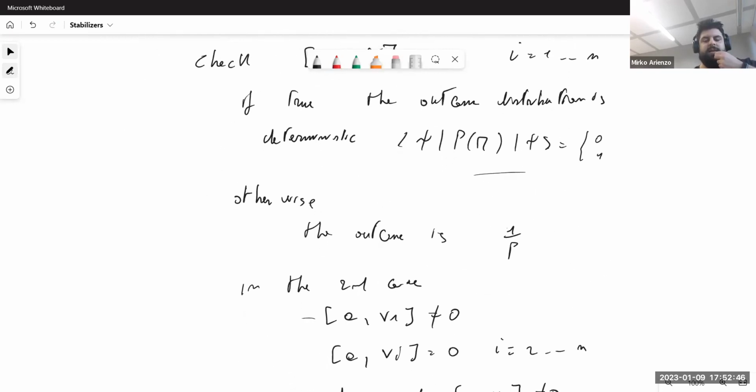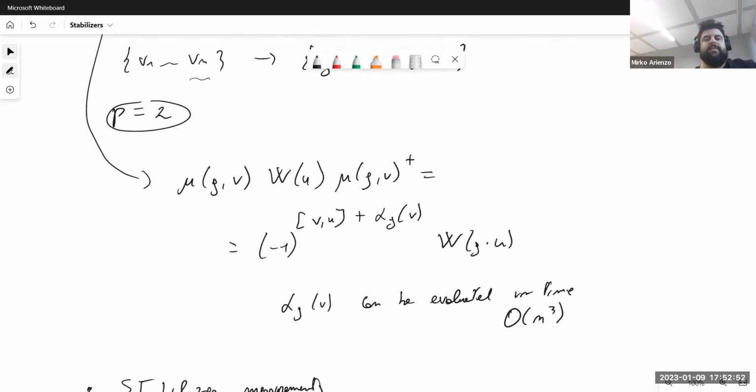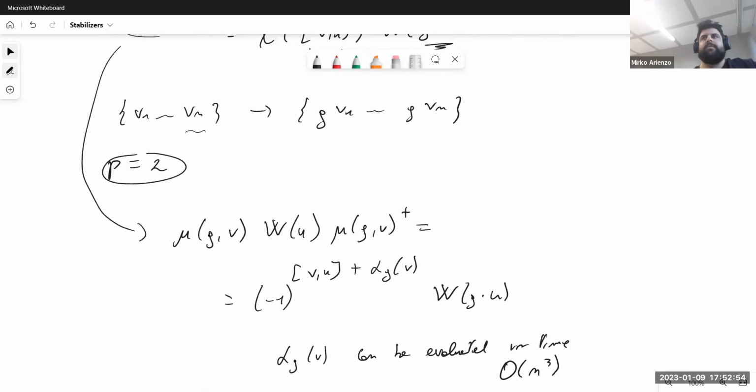The advantage of using this formalism is, for example, in this second step, because usually when you do the Gottesman-Knill theorem, you work only with the generators of the Clifford group, because you know, for example, how the Hadamard transforms the Z operators and so on.